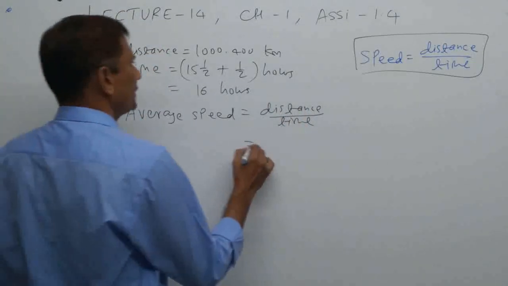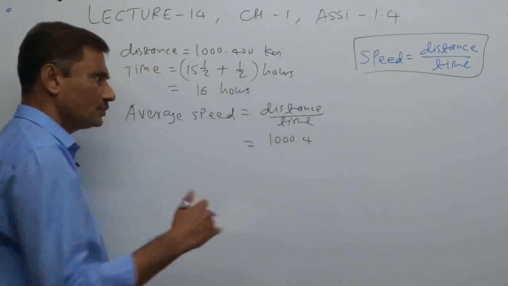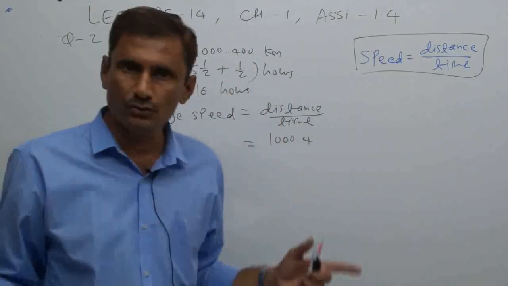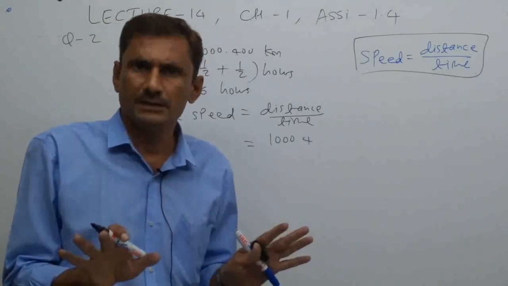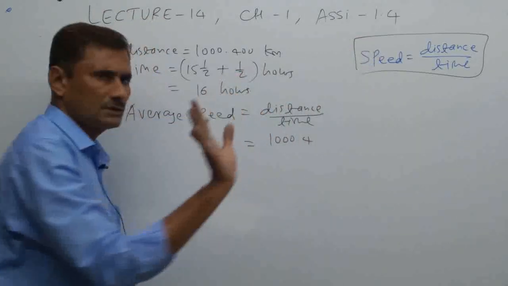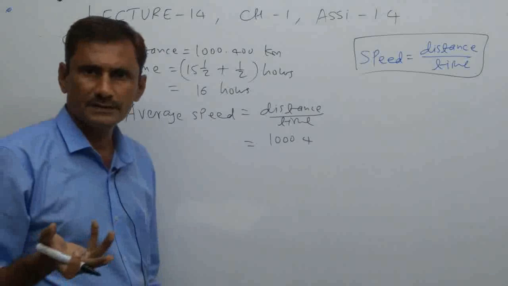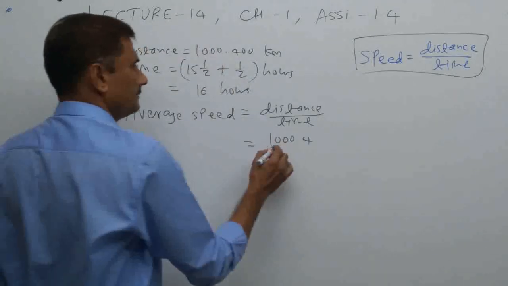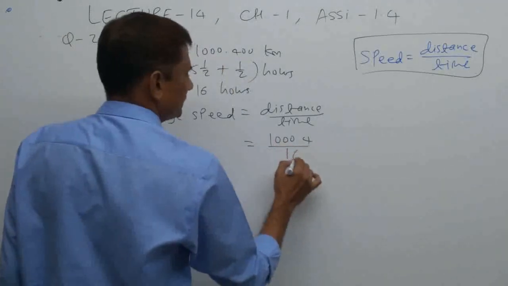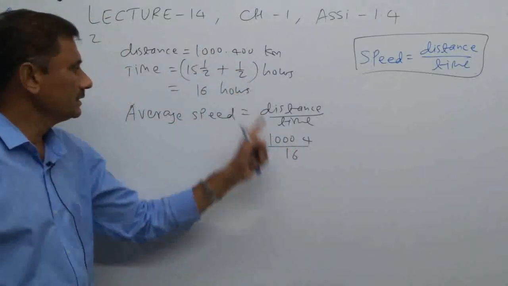So it is 1000.4, 1000.40, 1000.4000, all are the same thing, not different. You can write so many zeros, no problem, the value does not change, it will remain the same. And here 16. Understood? So 1000.4 and 16.